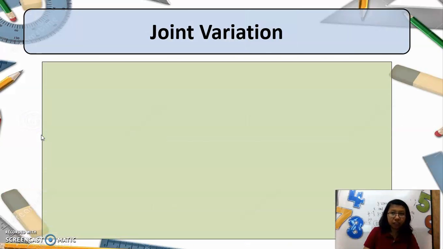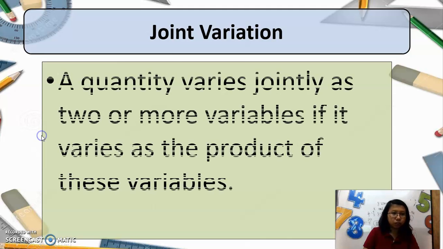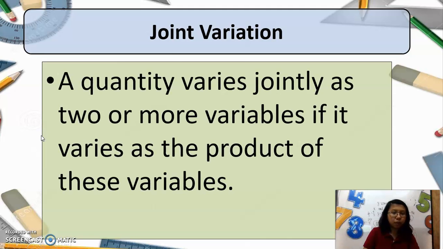Okay, so let's define joint variation. Joint variation means that a quantity varies jointly as two or more variables if it varies as the product of these variables. So it's somehow similar to a direct variation, but with joint variation, there are two or more variables beside the value of the constant, or the k.